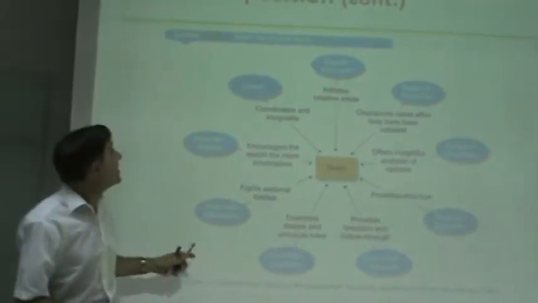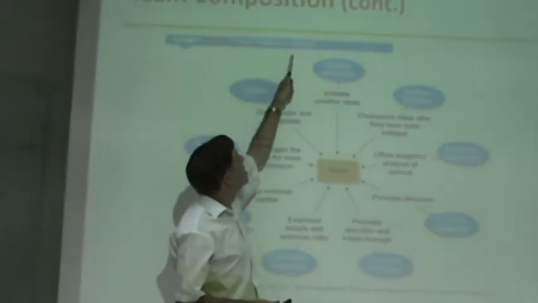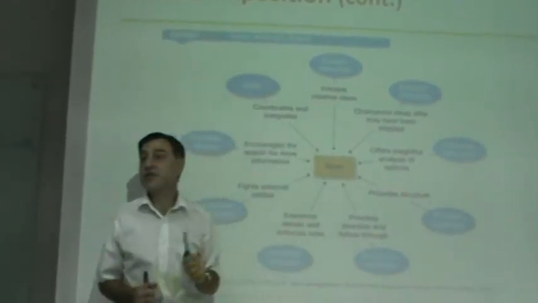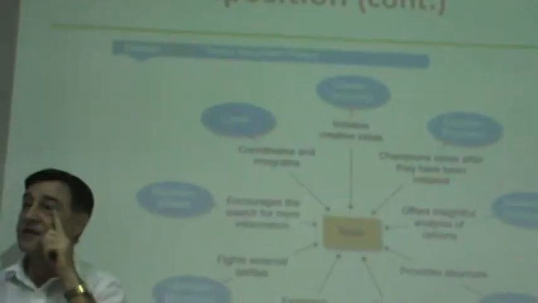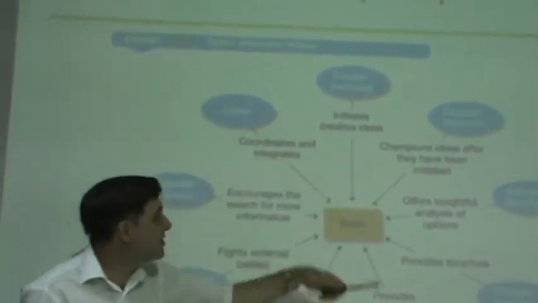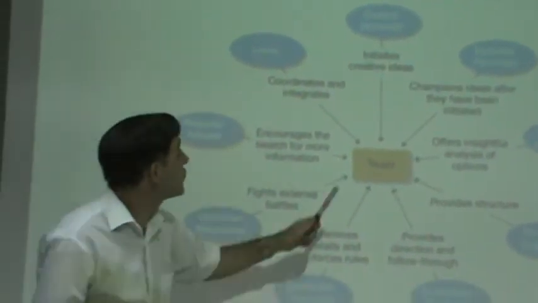All right, well, these are, and you can see here, some of the roles of, again, effective teams. So, now I'm going to discuss this a little bit randomly, beginning from the top.